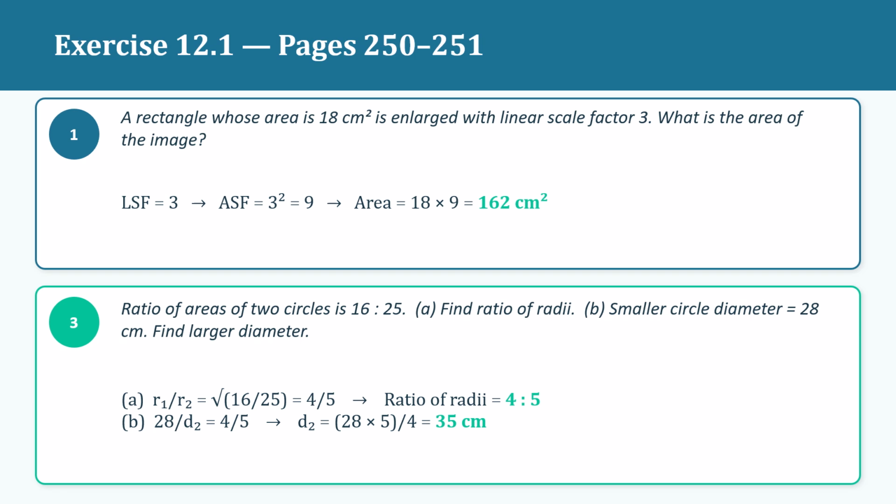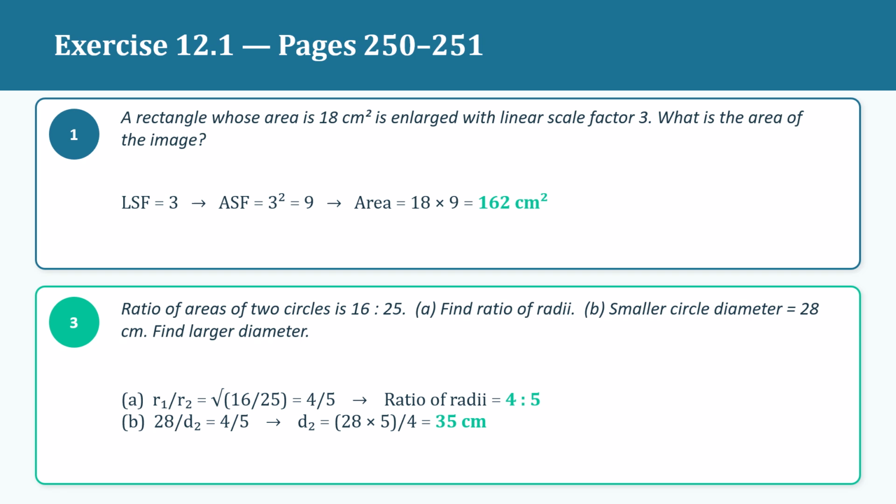So here we have exercises from 12.1, pages 150 to 251. We are told that a rectangle whose area is 80 centimeters square is enlarged with a linear scale factor 3. What is the area of the image? What do we know? The area scale factor means we're going to square. So squaring 3 gives 9. As you can see, 3 is the linear scale factor.